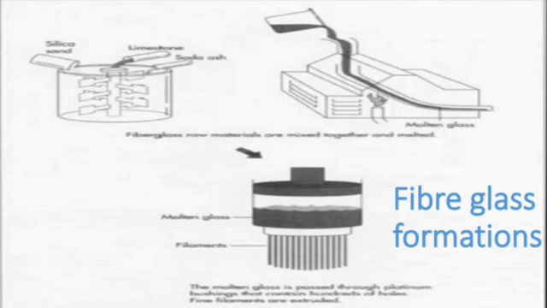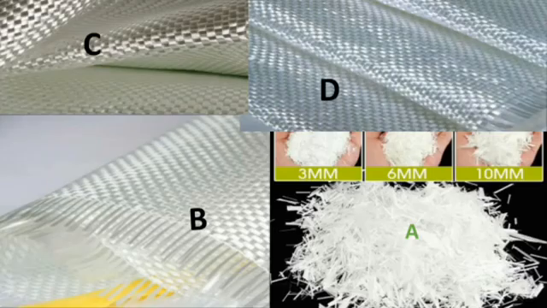Then it forms the fiberglass, which are these materials now in part A. Once it's been sealed, a machine is going to cut it into various sizes. We have the 3mm, the 6mm, the 10, and so on.